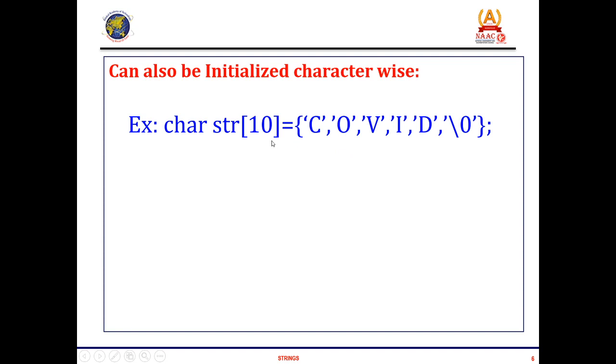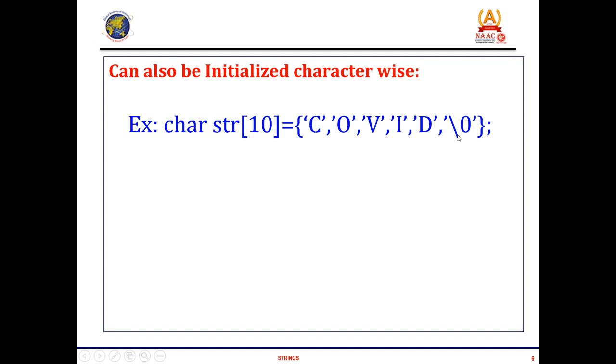So I have char str of 10 is equal to open curly brace. The first character C is enclosed in a pair of opening and closing single quotes, followed by a comma, followed by another pair of single quotes where I have the second character O. Like this, all my five characters C, O, V, I, D are enclosed in a pair of opening and closing single quotes.